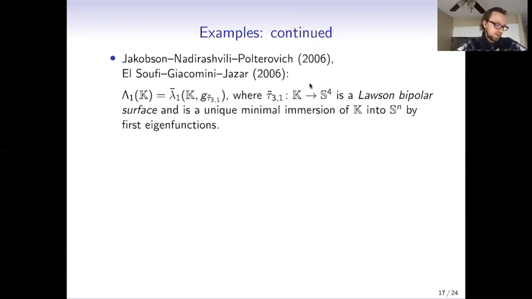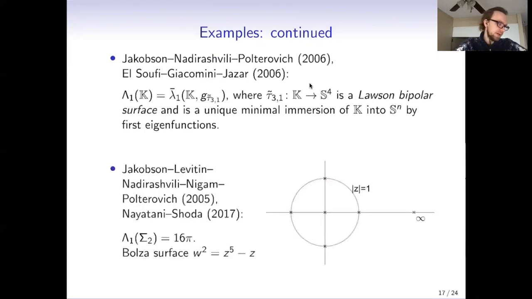That's good. And there's only one more example which is known, where the explicit value is known. This is the first eigenvalue on a genus 2 surface. Let me quickly describe it, because this is where this word branched comes into play. What you need to do is take S2 and view it as a Riemann sphere, just C with infinity.